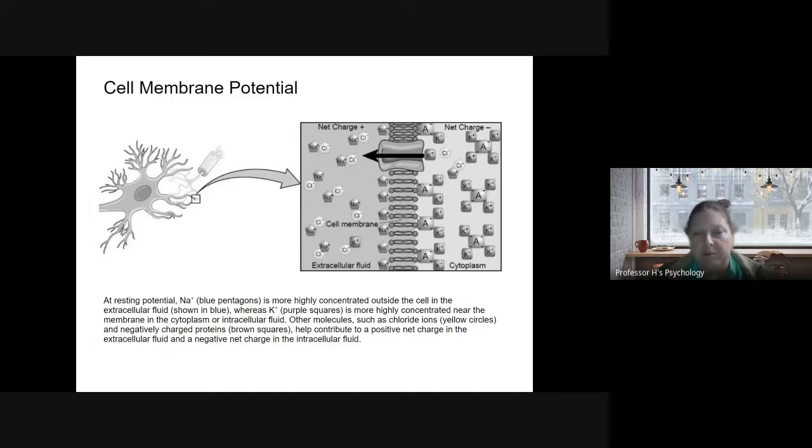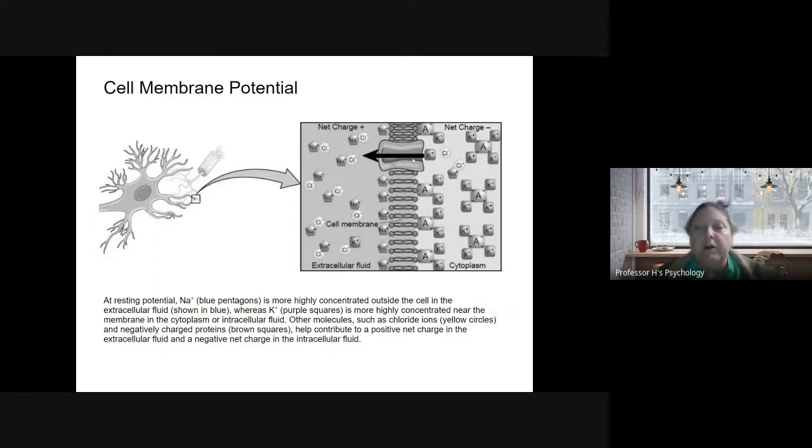When the membrane is at what we call a resting potential, so this is when it is not sending that signal down the axon, it is resting. During that time, this little molecule of potassium can just drift back and forth through this type of protein.